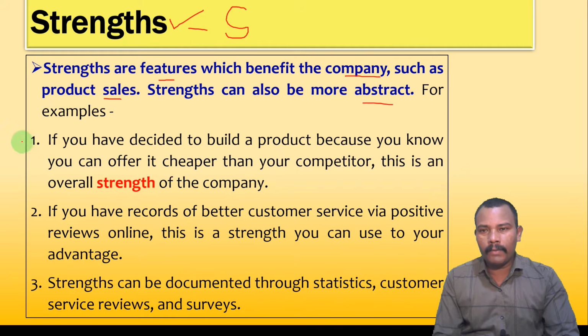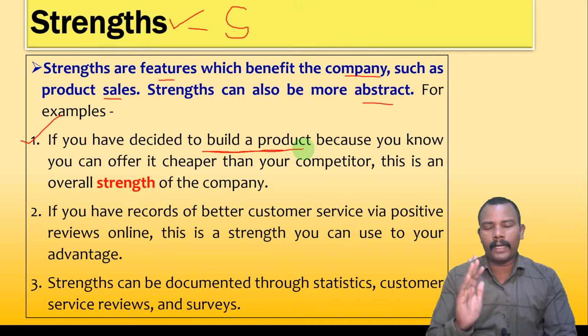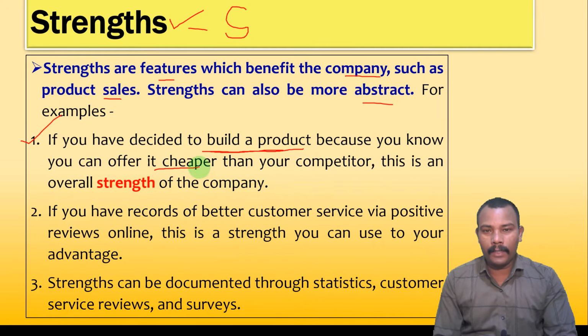Now what is given? First point, please read this one carefully. If you have decided to build a product, you are going to manufacture a particular product, it can be any product, and you can offer it cheaper than your competitor, this is an overall strength of the company.